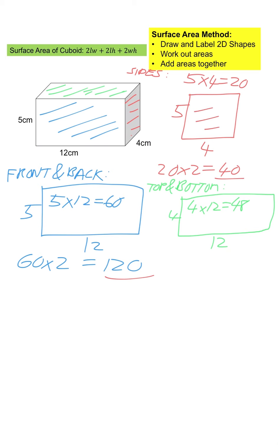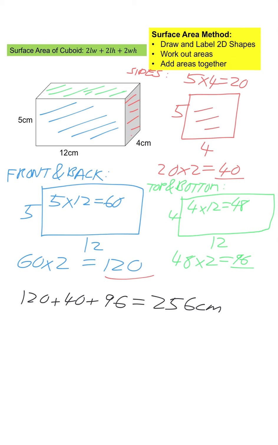And then remember, we need to times by 2 because the top and bottom will be the exact same. 48 times 2 is going to be 96. So now let's add together all of those areas. So we have 120 plus 40 plus 96. And that then is equal to 256 centimeters squared.